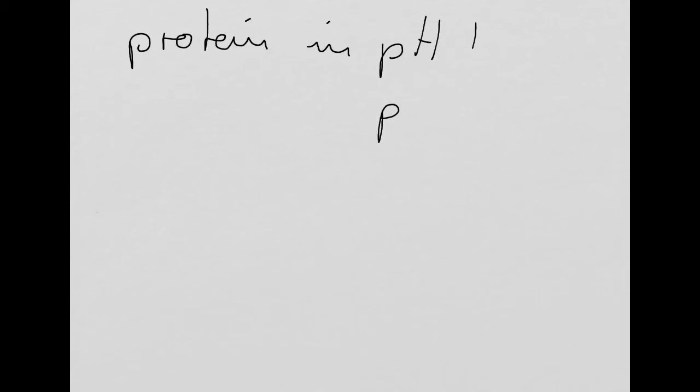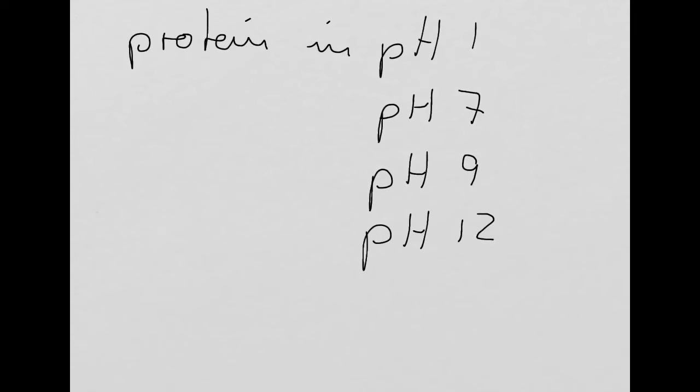Let's say I put my protein in pH 1, pH 7, pH 9, pH 12.